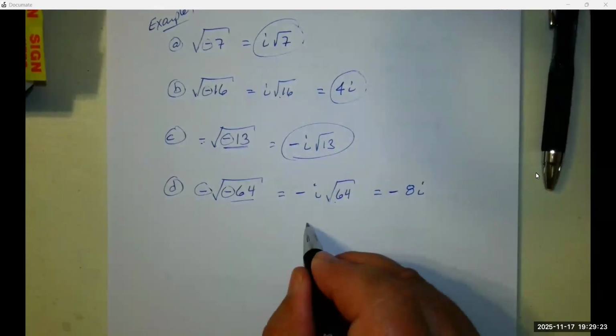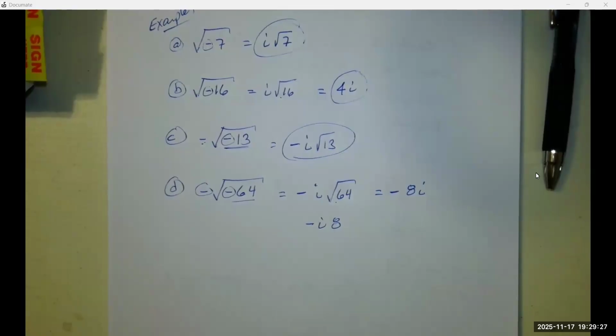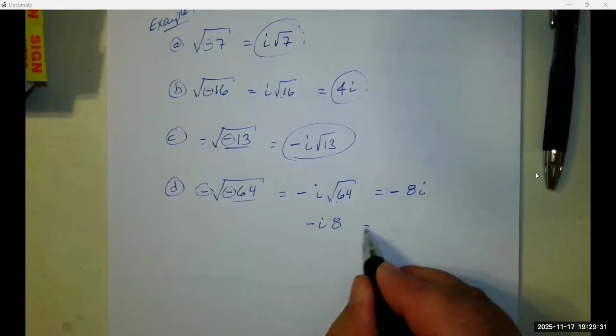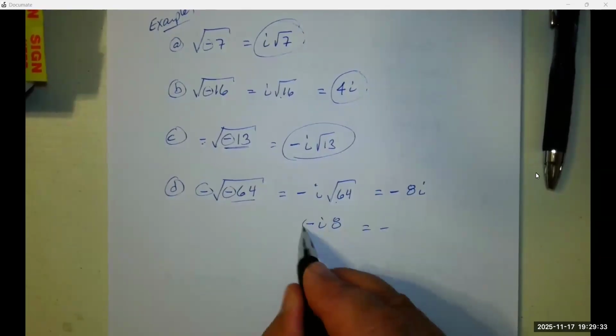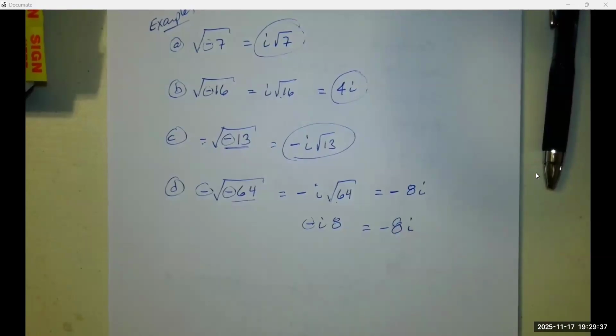Now, okay, I could have done this, but the common convention of mathematics is signs go first, then numbers, and then any letter. That's common convention of mathematics.